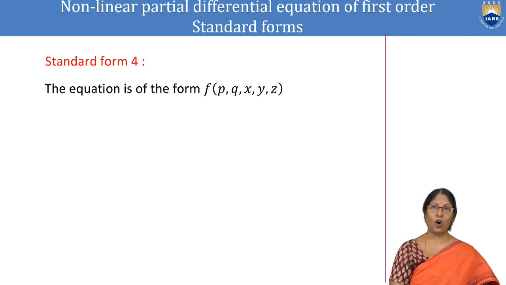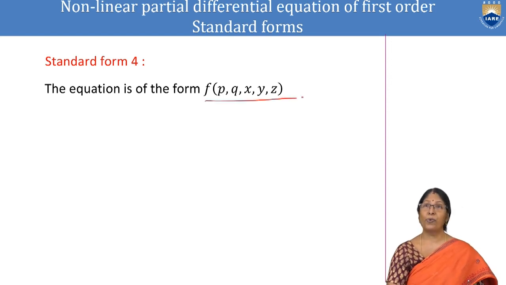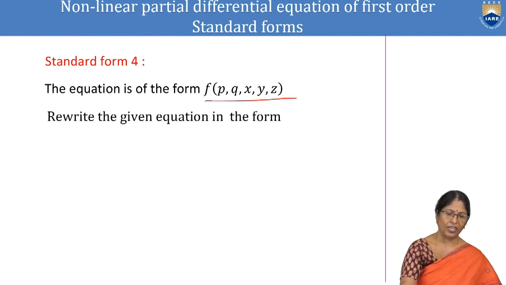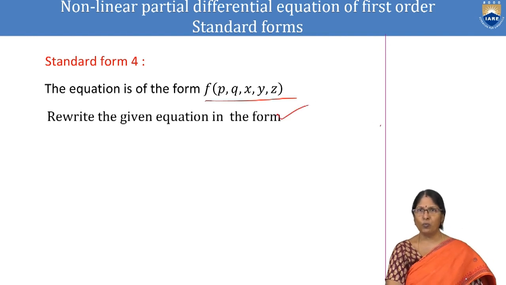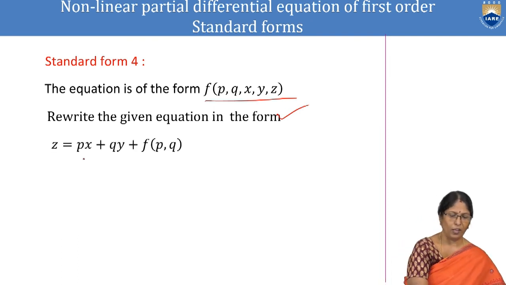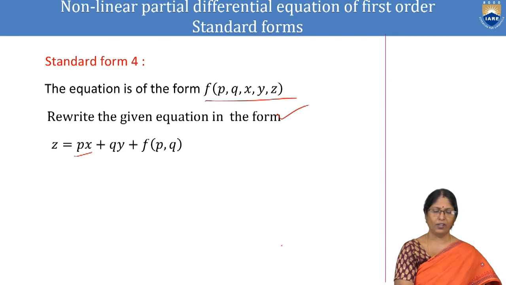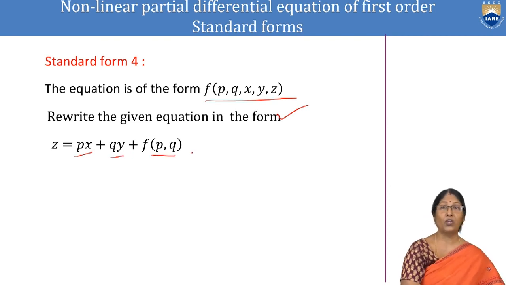In standard form 4 we will concentrate completely. All the 5 variables will dominate here: x, y, z, p and q. So the given equation should be rewritten in the form of Px combination, Qy combination and PQ.